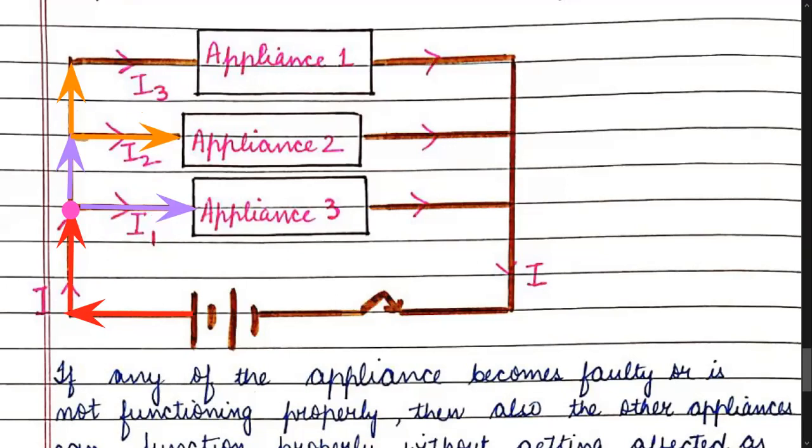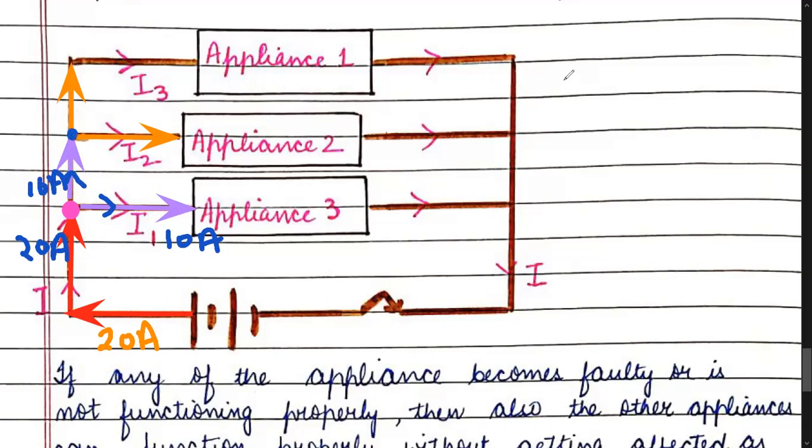Suppose we are having 20 ampere of current coming through the battery, 20 ampere, and this is 20 ampere. So suppose I1 is 10 ampere. That means further we are having 10 ampere current.